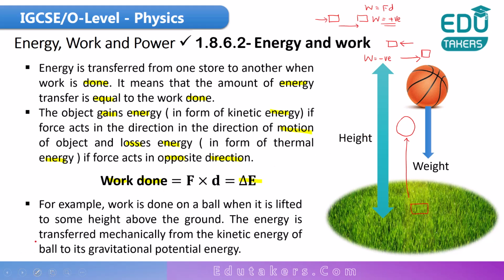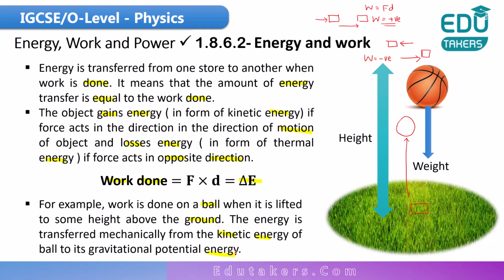You can also see from here, for example, work is done on the ball when it is lifted to some height above the ground. When you lift the ball through some height, then you need to do work. The energy is transferred mechanically from kinetic energy to the gravitational potential energy of the ball.